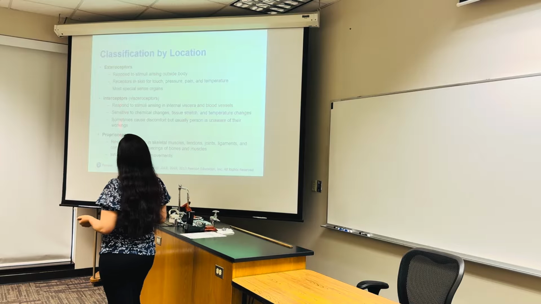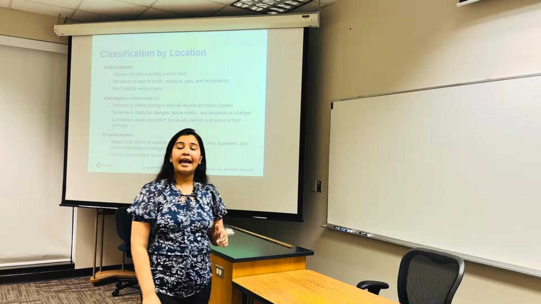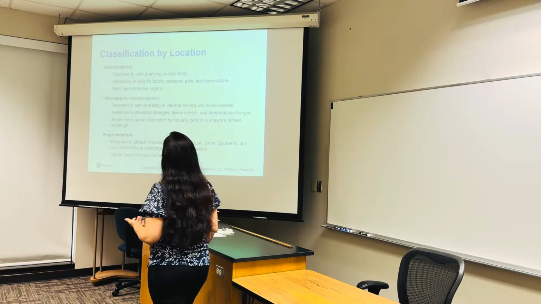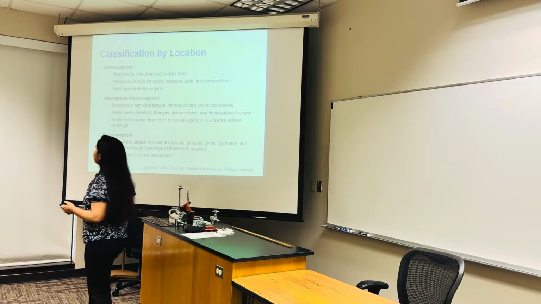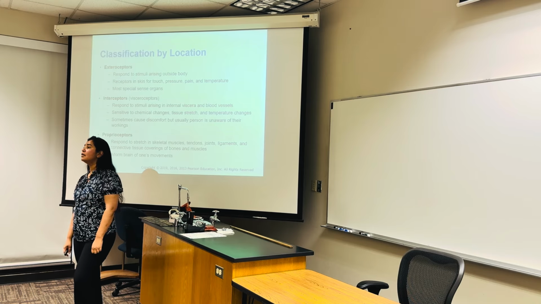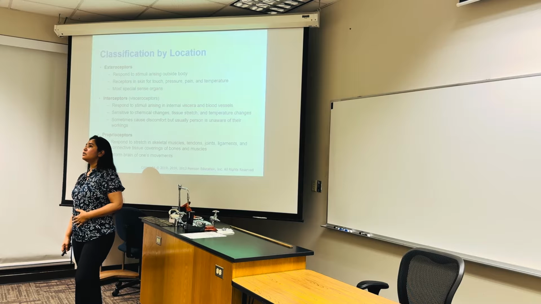Okay, so now let's talk about the interoceptors. As you can see, another name of the interoceptor is actually what? Visceroceptor. When we say visceroceptor, viscera, what is the meaning of viscera? Organ. Very good. So for example, you have an upset stomach.